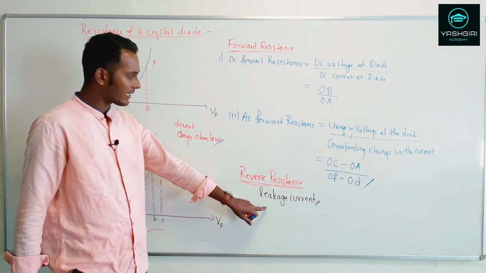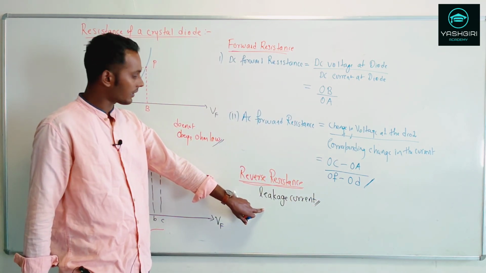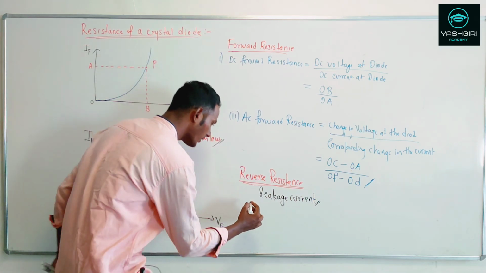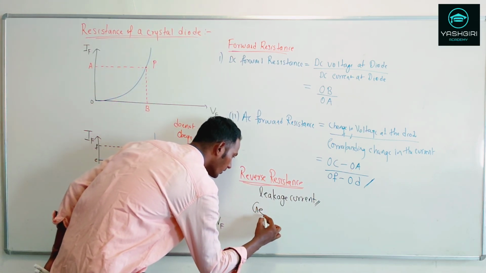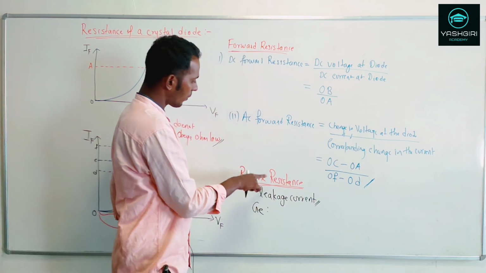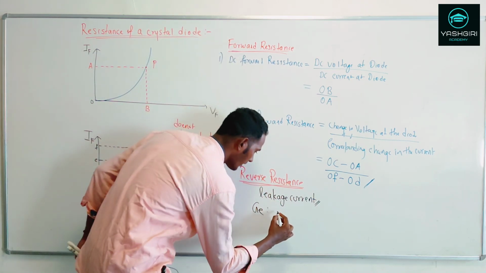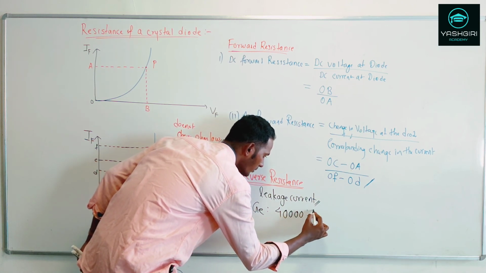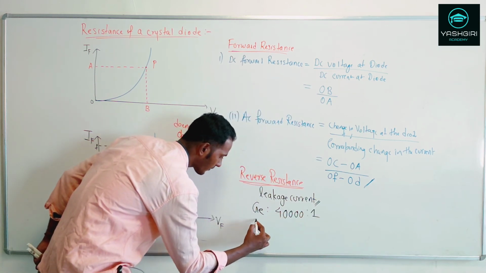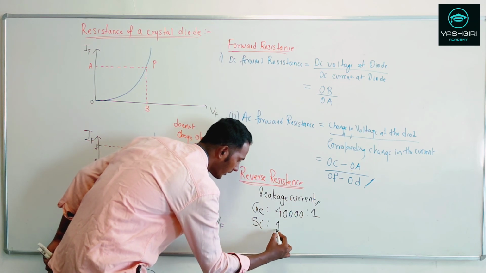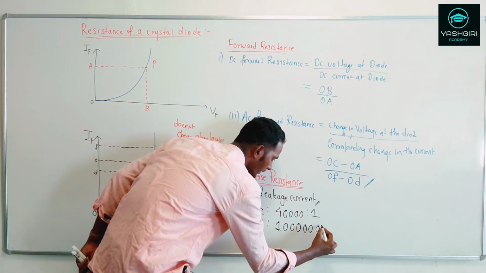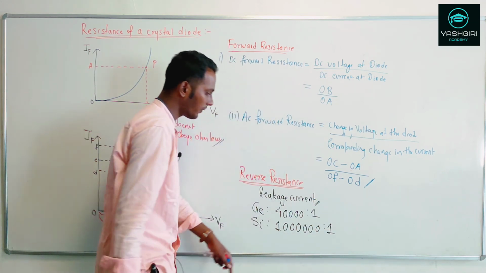If you want to comment in terms of reverse resistance and forward resistance, for germanium the ratio of reverse resistance to forward resistance is somewhere around 40,000 to 1, whereas for silicon you will find it to be 10 lakh to 1. Such a big value.